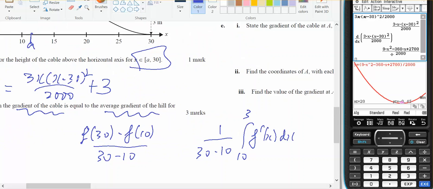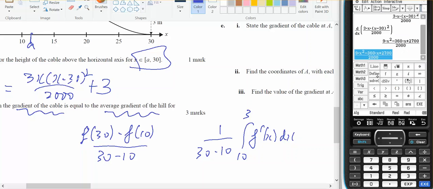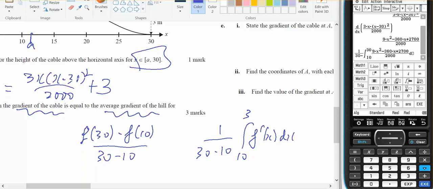So if I take my derivative, and bring up the keyboard, select this, math 2, I'm going to go from 10 to 30, 1 over 30 minus 10 dx.